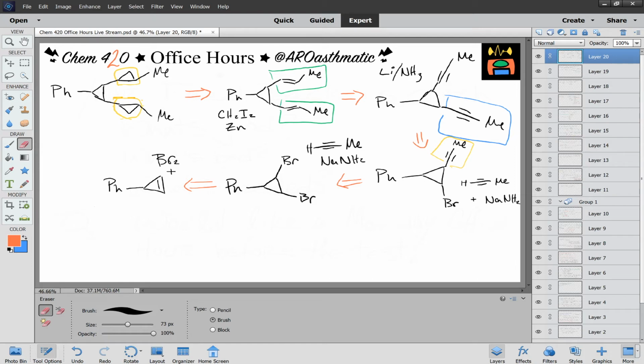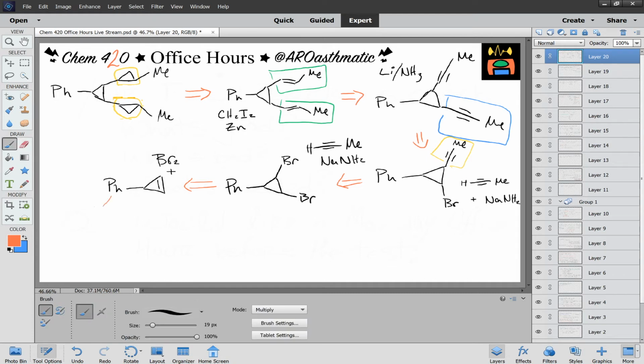If we did an elimination reaction here, if we had some leaving group here and we used maybe a strong bulky base like potassium tert-butoxide, we could totally get to that alkene.